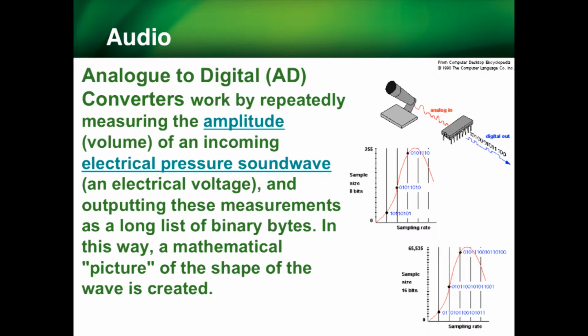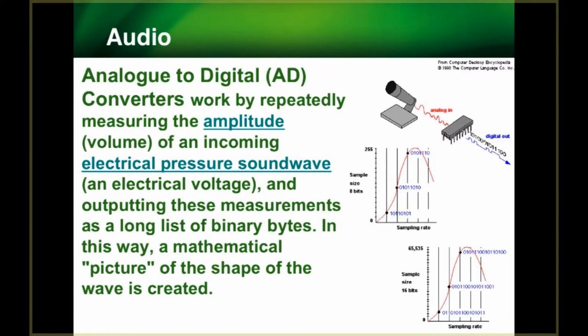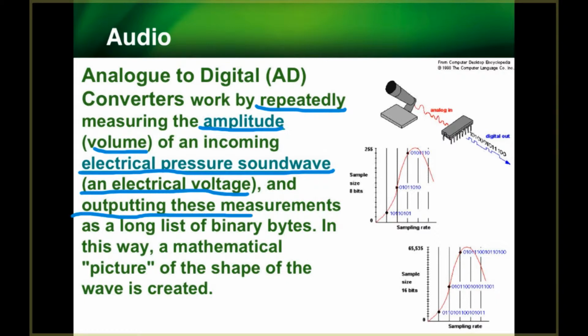Analog to digital converters work by repeatedly measuring just the amplitude, which, as we know from before, is the volume of an incoming electrical pressure sound wave or electric voltage. What does that mean? We'll get to that in a second. And then it outputs these measurements as a long list of binary bytes.